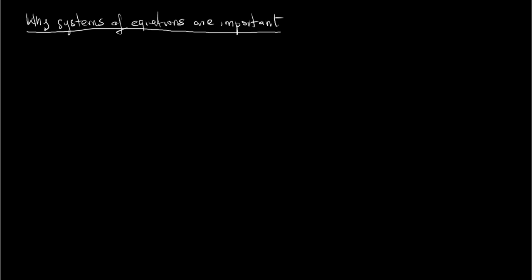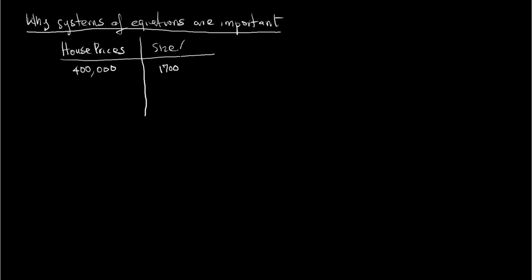Let's just say there's a strong relationship between the prices of houses and the size of the house itself. So let's say we had some data that was given to us that the price of a house is about $400,000, and the size of the house was probably, let's just say, 1,700 feet squared.